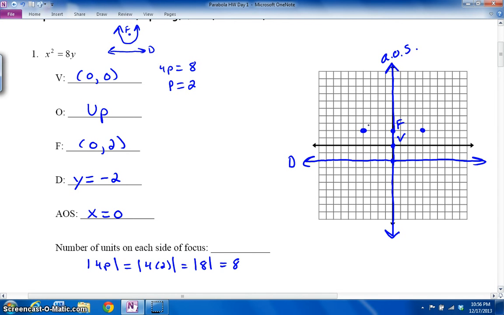We can now graph the parabola with the opening starting at the vertex. And that is our parabola for number 1.